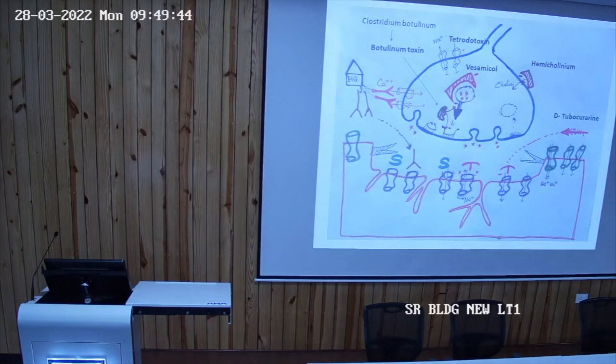Then the post-synaptic. Now pre-synaptic, you are able to understand. So the post-synaptic blockade, what will it do? There is an arrow poison.